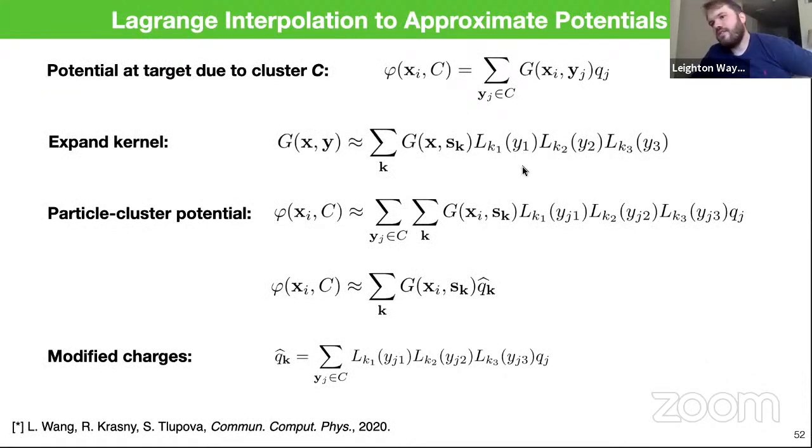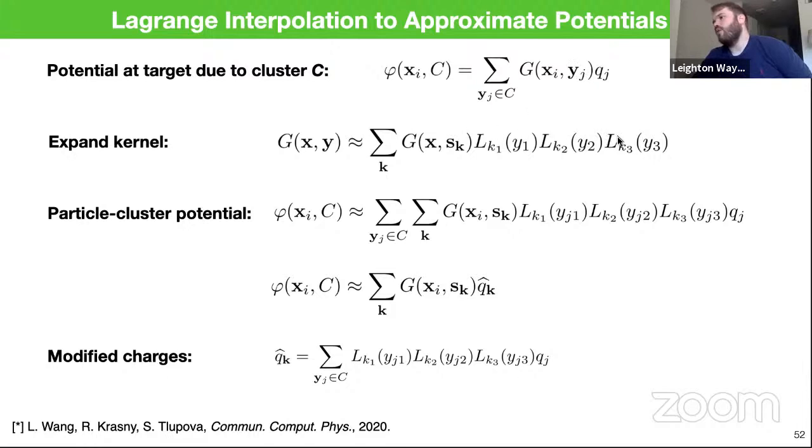So I'll show you what this looks like for approximating a particle-cluster interaction. Return to this idea of a potential at a target due to this cluster C. This is the same equation I showed earlier. So we expand this kernel function. This is what we'll interpolate, and we will interpolate it about Yj.